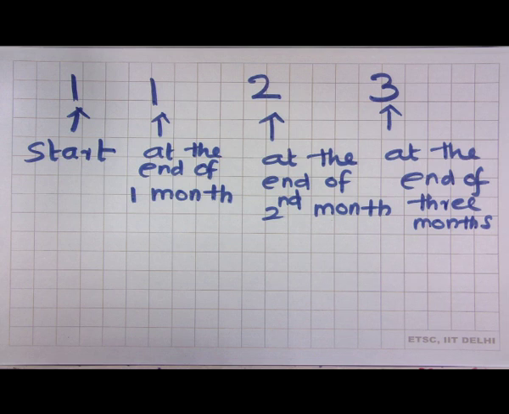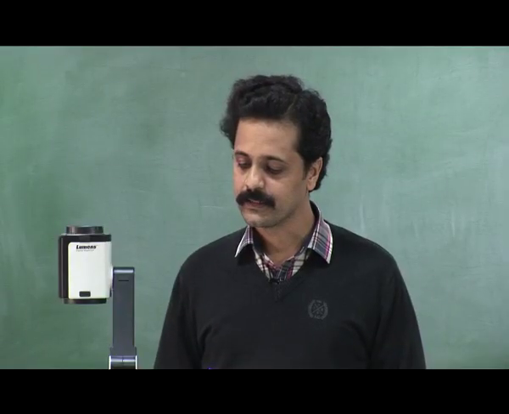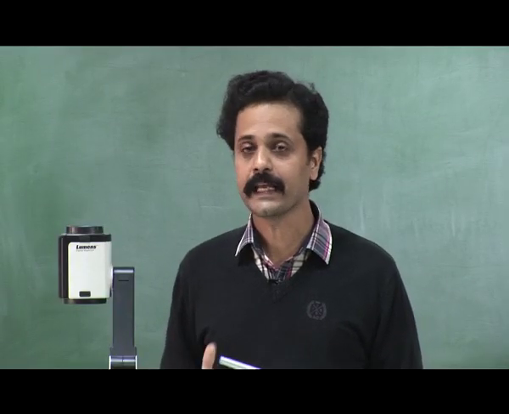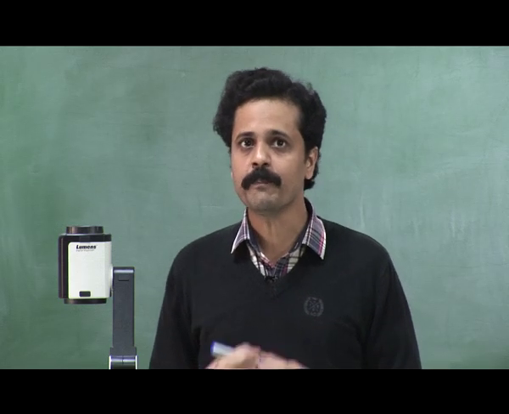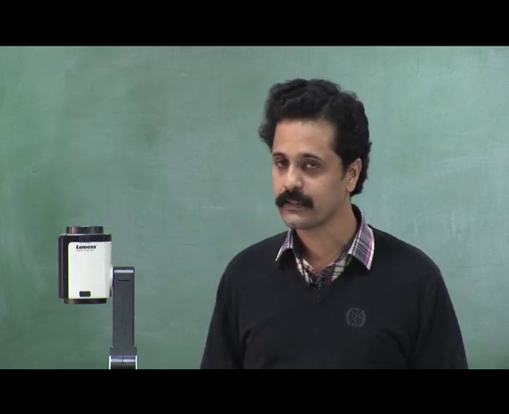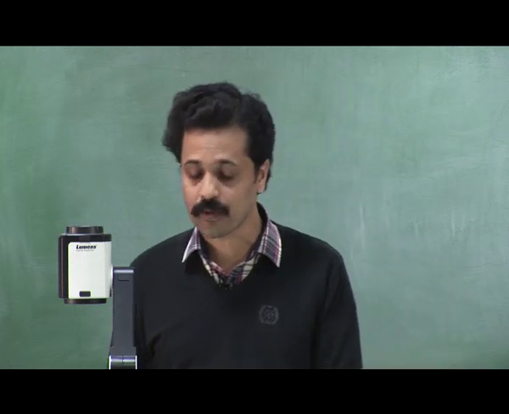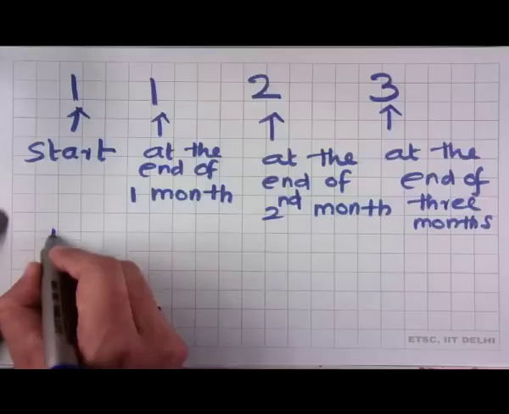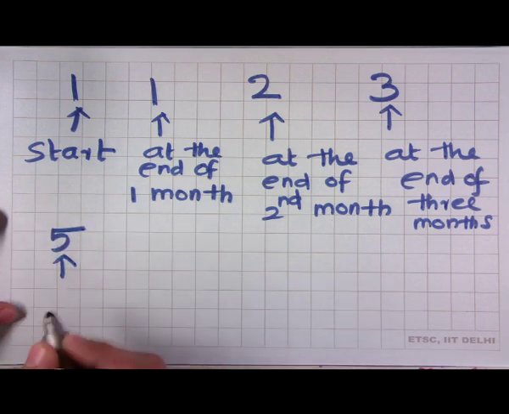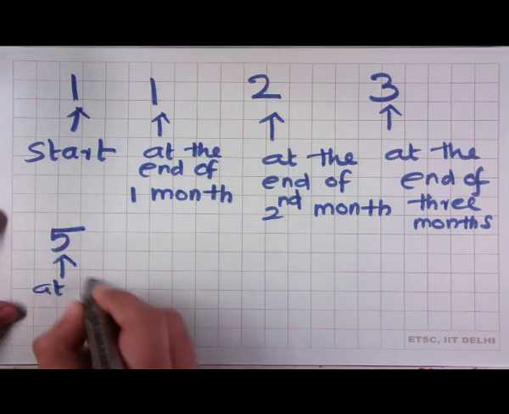Now, at the end of 4 months, the female rabbit created at the end of second month will produce a new pair, and hence there will be a total of 5 pairs of rabbits at the end of 4 months.